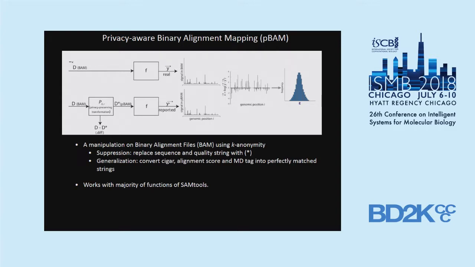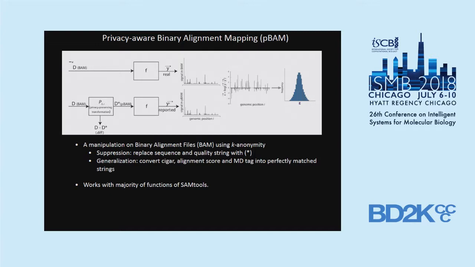We know that there are several other file formats out there, for example, that use crypto-based approaches. But the beauty of the BAM-based privacy-aware files is that you can take the PBAM file and use it with any software that takes BAM files as an input. So the utility of these files is way higher.